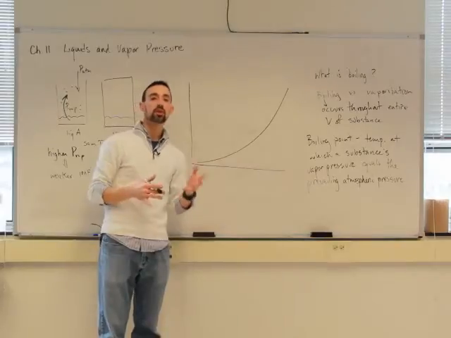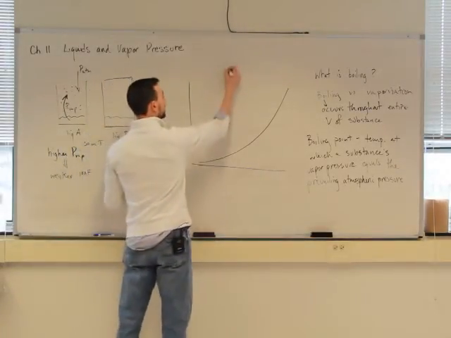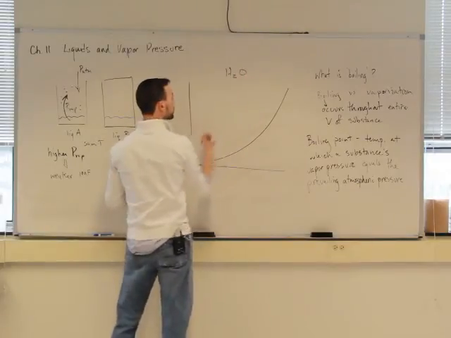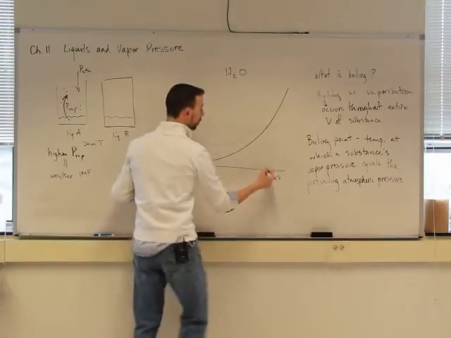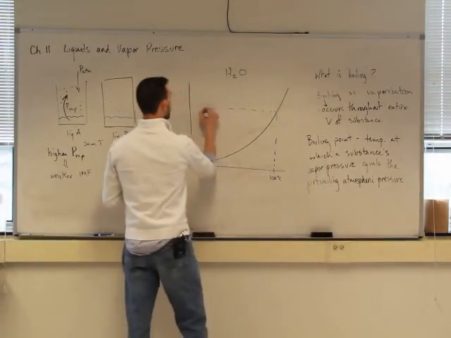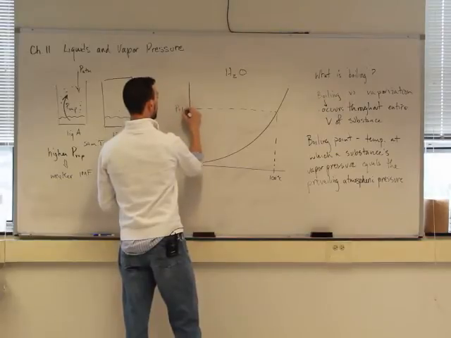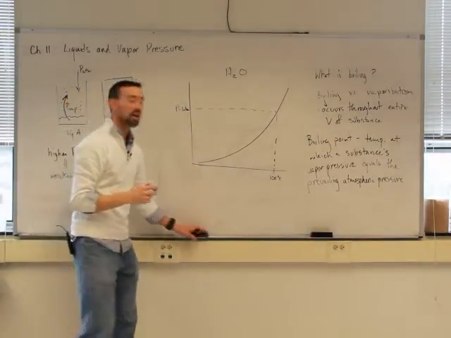Well, the reason we're used to thinking that water boils at 100 degrees Celsius is that on the water vapor pressure curve, 100 degrees Celsius corresponds to 1 atmosphere of pressure, normal atmospheric pressure.